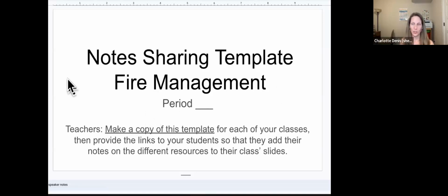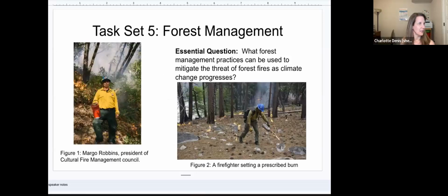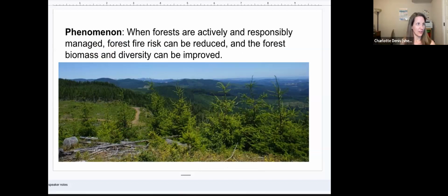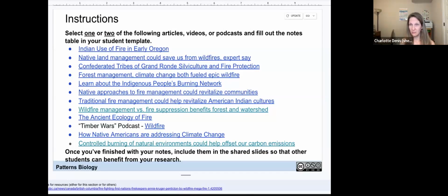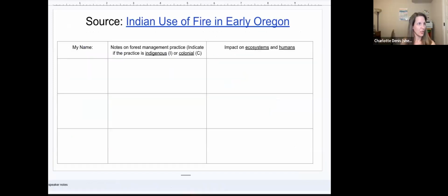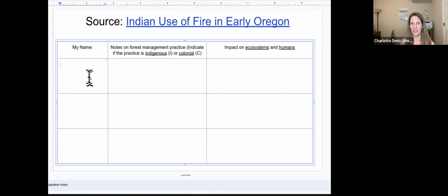So you, as a teacher, would make a copy of this slideshow for every class. All of the articles are linked here, same ones that are in the student template. And then what I ask students to do is, if they are picking a particular source, like this source, Indian use of fire in early Oregon, I ask them to write their name here even before they read it so that I know who is reading what.